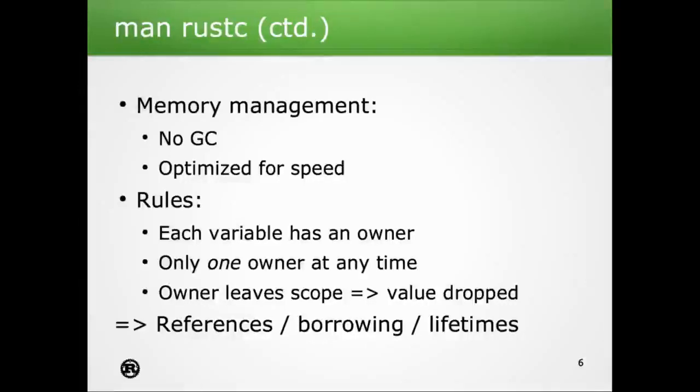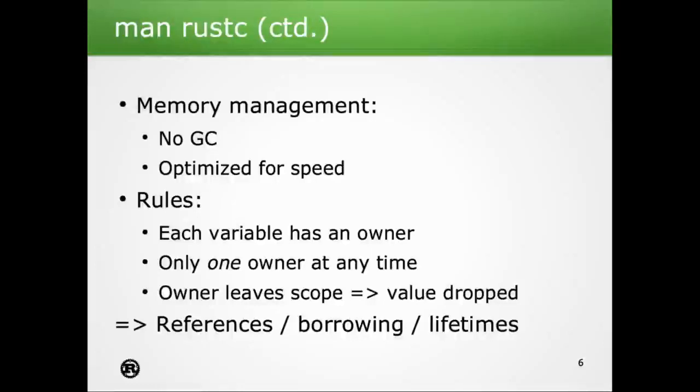And there's only one owner, not multiple owners, meaning that if ownership changes, the compiler knows about this at compile time. This is the important bit. And ultimately, if an owner of a variable leaves the corresponding scope, that corresponding memory block can then be freed.